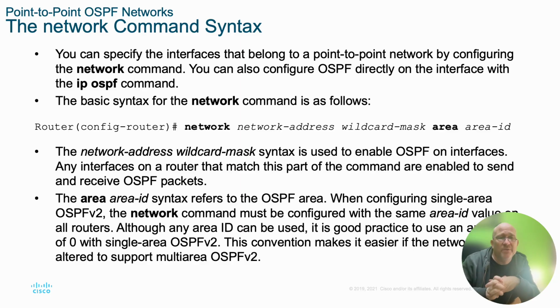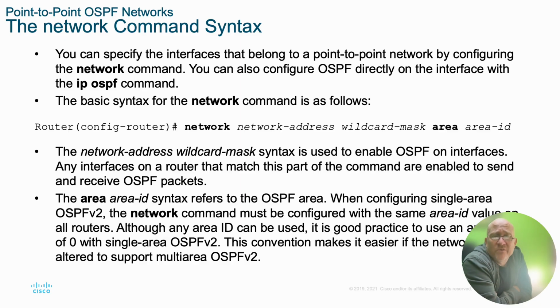Okay, that will mean then that it will send out on any interface from 192.168.0.1 through to 192.168.0.254. Because obviously a wildcard mask is ones, we don't care, and zeros must match exactly.